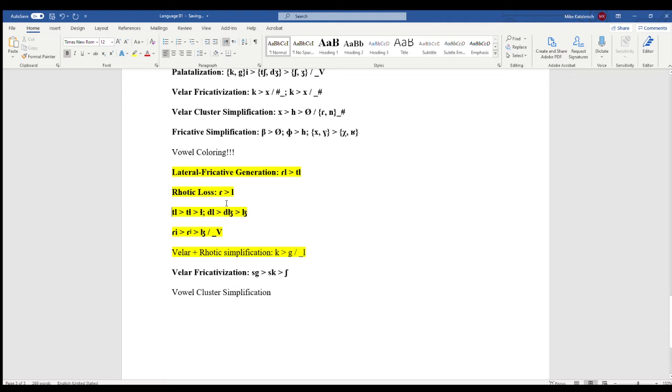So that's the thing, and that is going to be coronal lateralization, question mark, could be a name for it. This needs to happen up here because I still have R's.